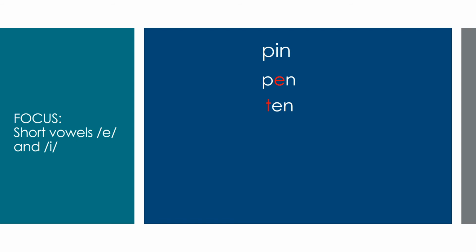Spell tin. Now let's make tin, bin. What sound changed? Let's tap bin to find out. The first sound changed from T in tin to B in bin. Spell bin.